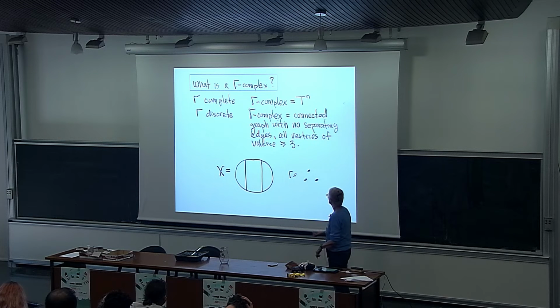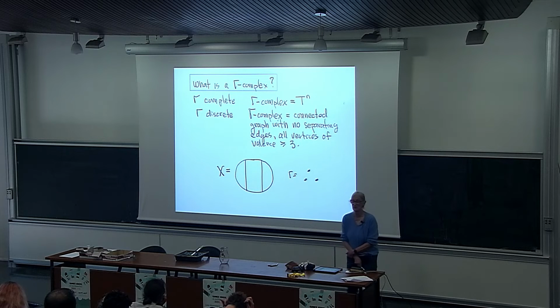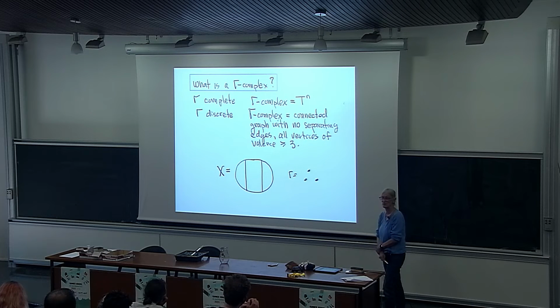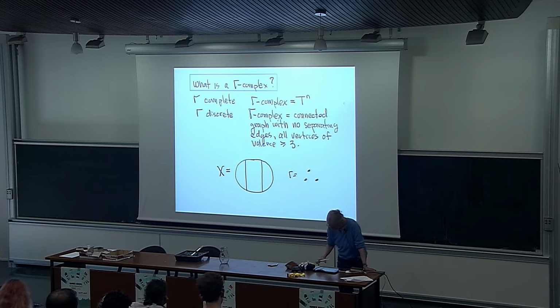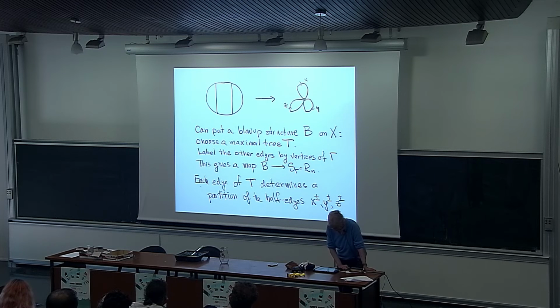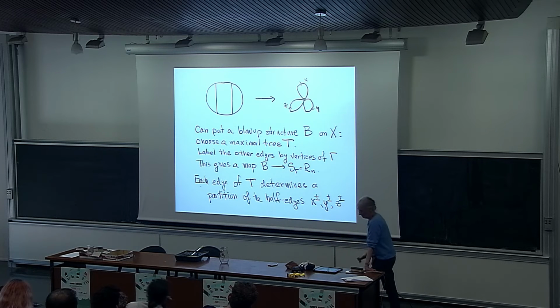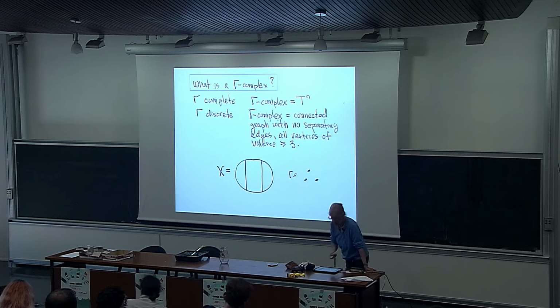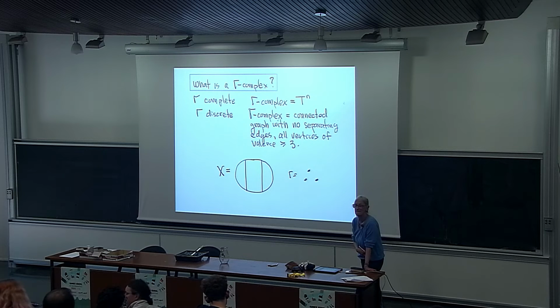So there's an example. If Gamma is the discrete graph on 3 points, then there's an example of a Gamma complex.